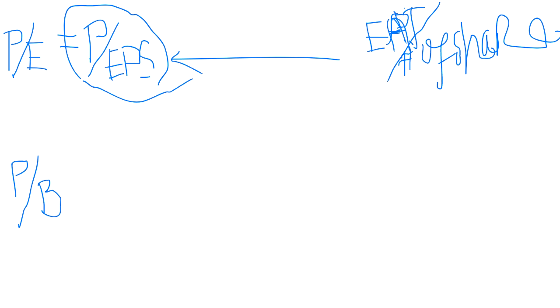Why? Because earnings per share is your output. That's the benefit you reap from investing in the stock. But then to invest in the stock, you have to pay this cost. The price is the cost you incur to reap this benefit.